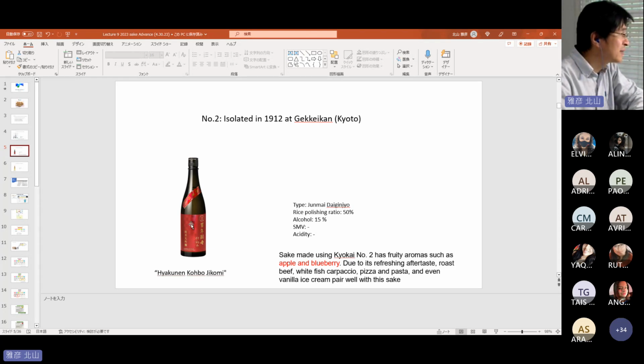They made sake to celebrate 100 years since they isolated this strain. So this is the sake they made by using classic number 2 yeast strain.